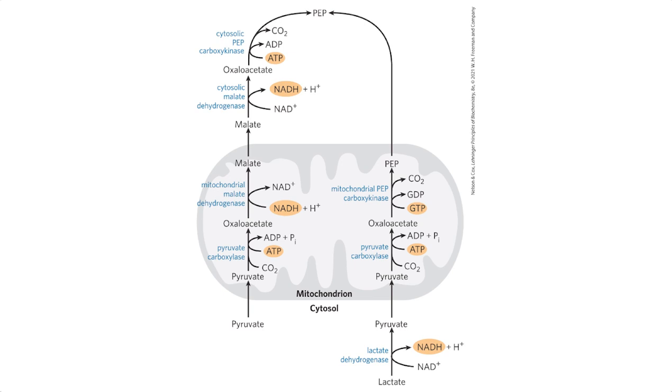Basically, if you have lactate come in, you're going to regenerate the NADH in the cytoplasm already. So then typically you take that pyruvate and convert it to oxaloacetate and phosphoenolpyruvate in the mitochondria and then ship that out. Whereas if you are taking pyruvate from alanine or from just pyruvate, you typically are going to do just the oxaloacetate to malate step. Then the malate is going to get shipped out.